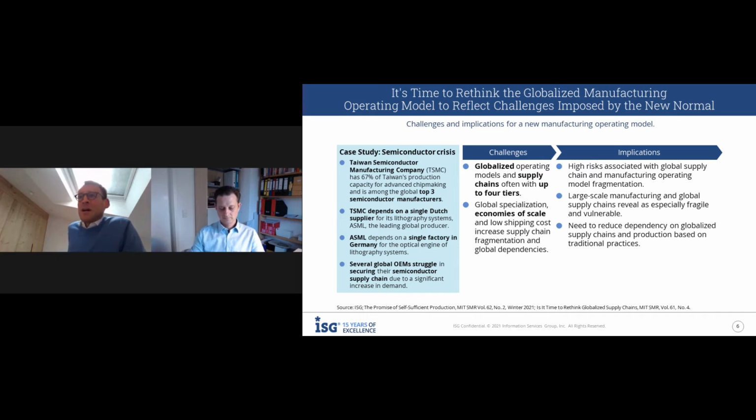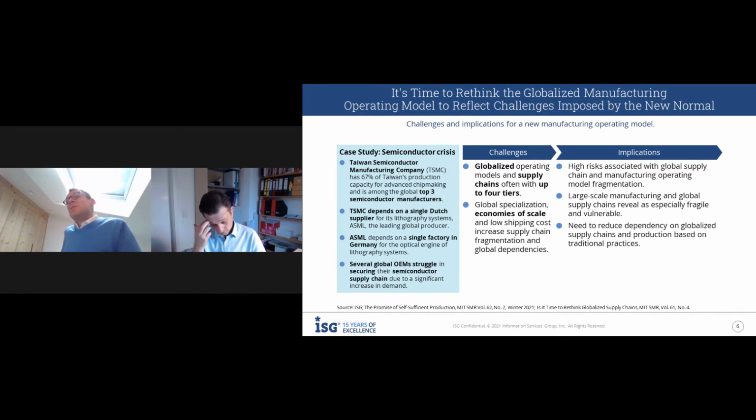If we just take, for example, Taiwan Semiconductor Manufacturing Company, TSMC, it's really one of the big global semiconductor manufacturers, Taiwan-based, among the top 3 from a global perspective. And this manufacturer, TSMC, depends on basically a single Dutch supplier of lithography systems, ASML. If TSMC doesn't get its input of lithography systems, basically they cannot produce.